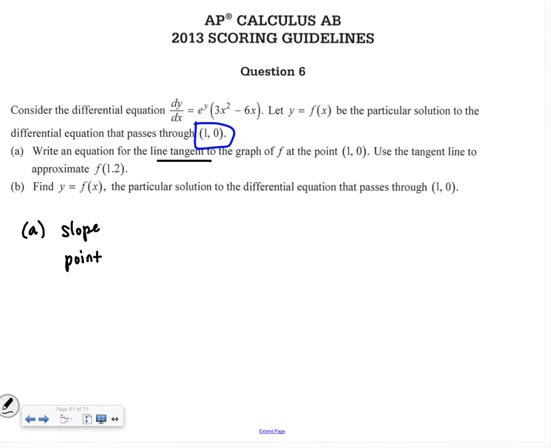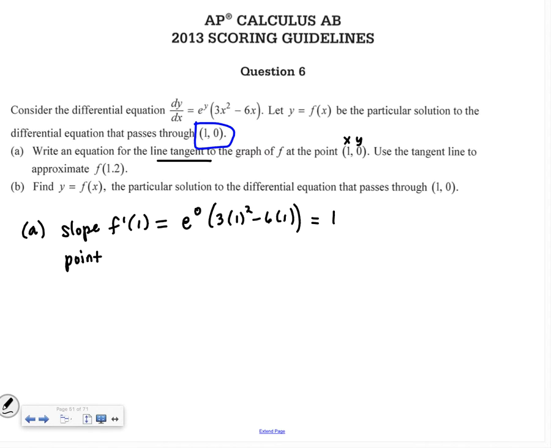So if we're finding the line tangent to f at the point 1, 0, my slope is going to be f prime of 1. Okay? In other words, I'm looking at my dy over dx, and I'm plugging in 1 for my x's and 0 for my y's, right? X, y. So I'm going to have e to the 0, 3 times 1 squared, minus 6 times 1.